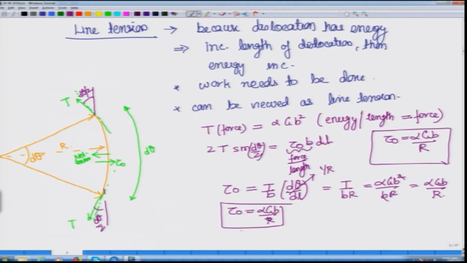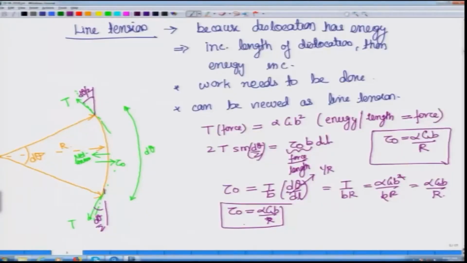In other words, if there is a curvature in the dislocation, then a resolved shear stress equivalent to tau naught is being applied onto this dislocation. Maybe it is being generated somewhere inside, maybe it is being applied from outside, but whatever be the source, this tau naught shear stress is being applied onto the dislocation if it has a curvature of radius r.